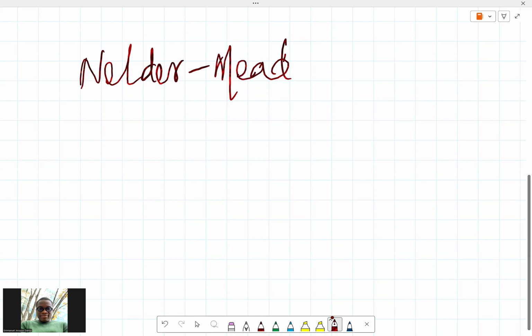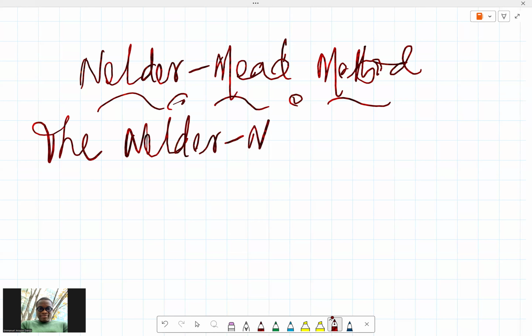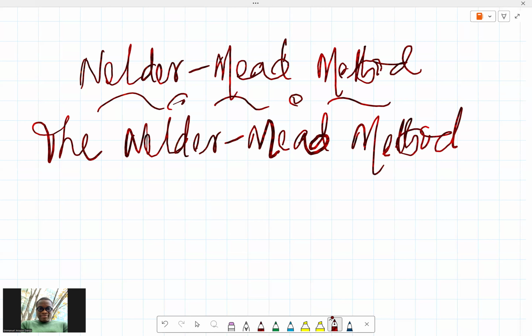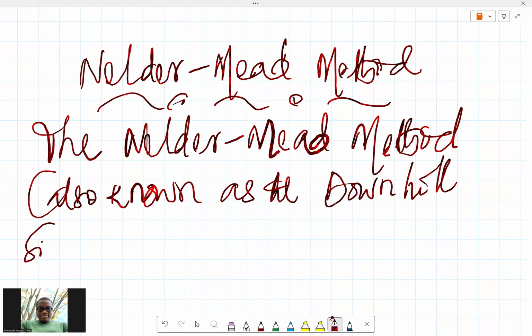The Nelder-Mead method, which is a derivative-free method for numerical optimization, is also known as the downhill simplex method.